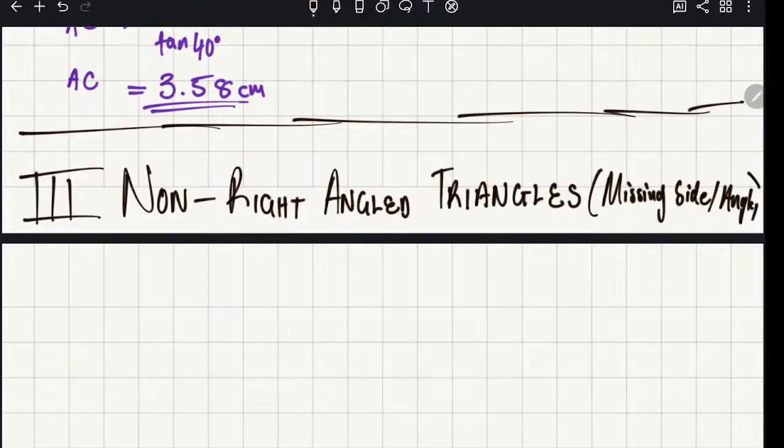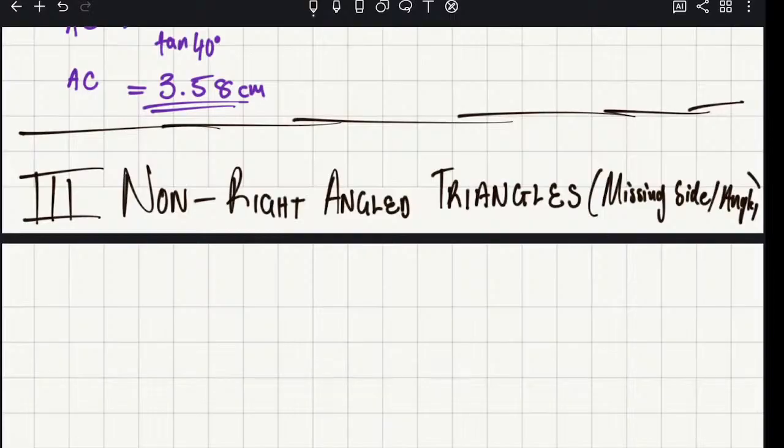We are looking for a missing side, or we are looking for a missing angle. Let's see how we do this one.